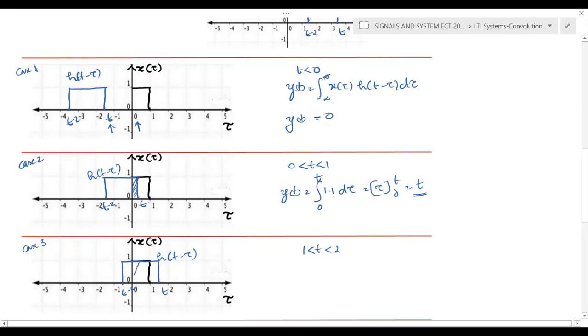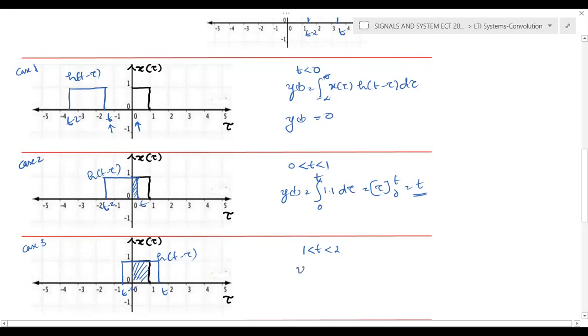So definitely there will be a case where there is a constant area. When t is approaching from 1 to 2, okay, this t minus 2 is moving from minus 1 to 0. During this interval, you can see that there is a constant area or a rectangle or a square with width 1 unit and height is equal to 1 unit. So that area is equal to 1.